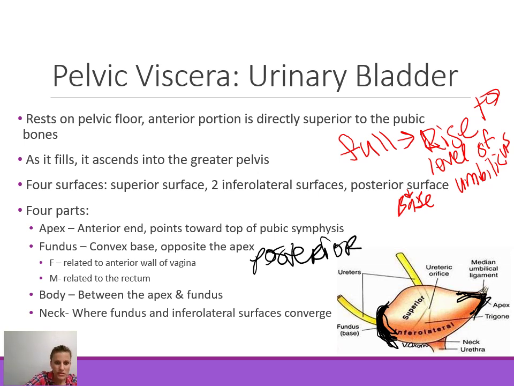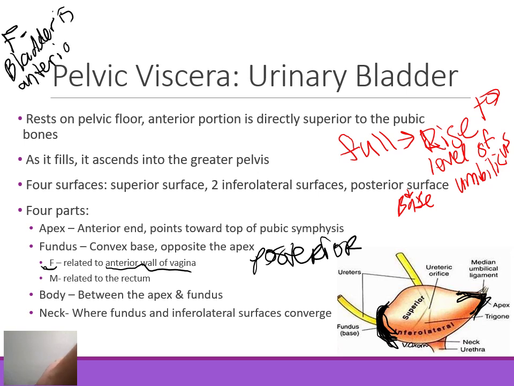In females, the fundus, or the back of the bladder, is closely related to the anterior wall of the vagina. So what that means is that in females, the bladder is directly anterior to the vagina.